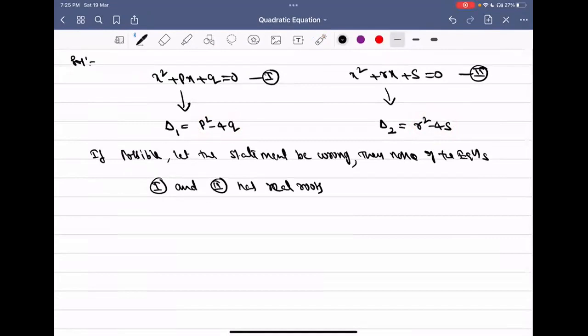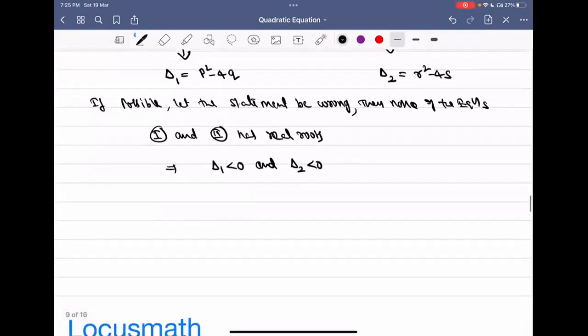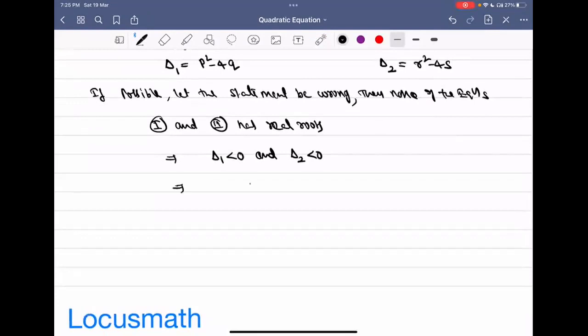That implies delta 1 is less than 0, and at the same time delta 2 is also less than 0. So delta 1 is less than 0, delta 2 is less than 0, means delta 1 plus delta 2 must be less than 0. Sum of the discriminants, two discriminants' summation is also less than 0.